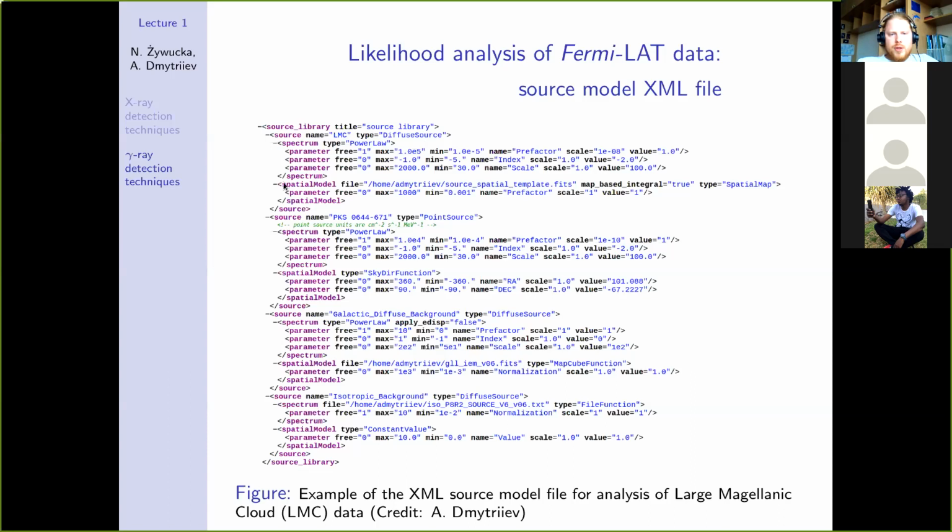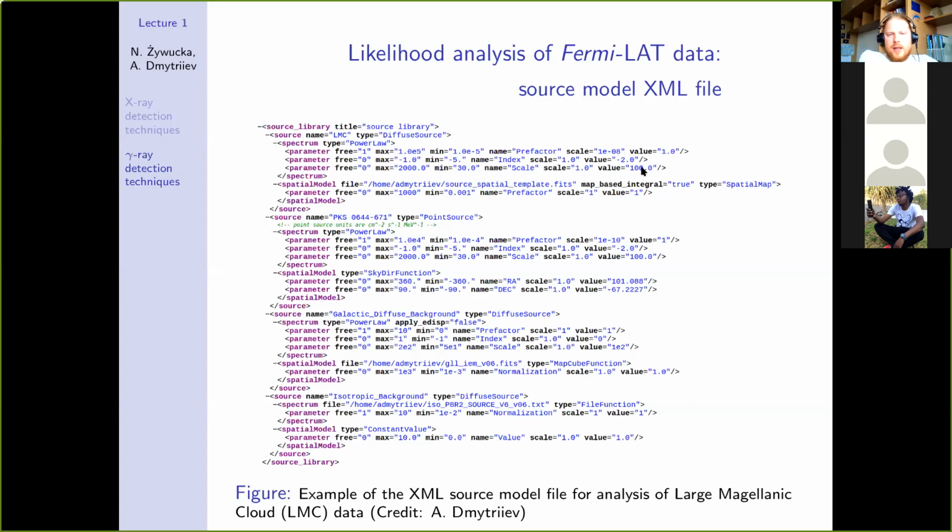You see there are gamma ray sources, and nested in them are the model parameters. So what do we assume about the LMC? We assume a power law spectrum and the order of magnitude, the scale of the flux, and we allow the prefactor, what is coming in front of the scale, to vary.